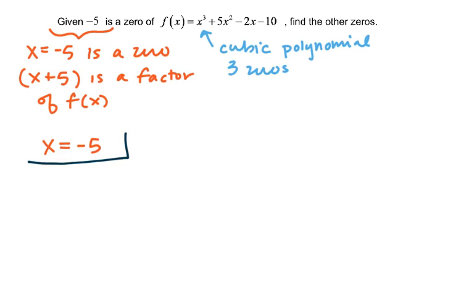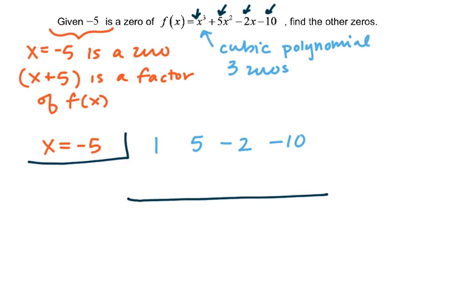And then I'm going to list the coefficients of my dividend polynomial, and that is 1, 5, -2, and -10, right? So I've got 1 x cubed, 5x squared, -2x, and -10 for my constant. Keep in mind, we don't need a placeholder here, but you always want to be thinking about placeholders.